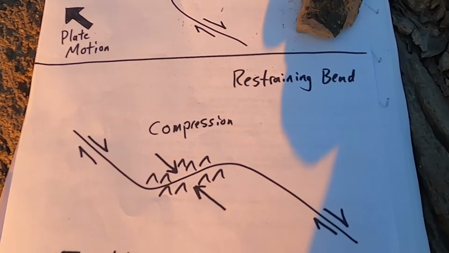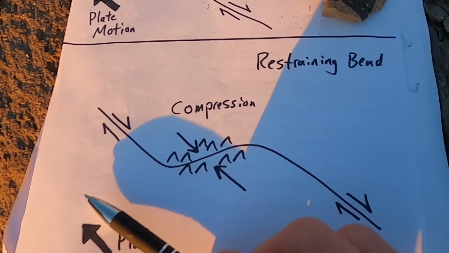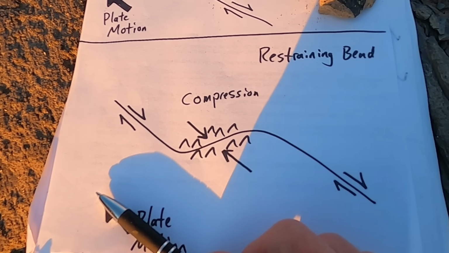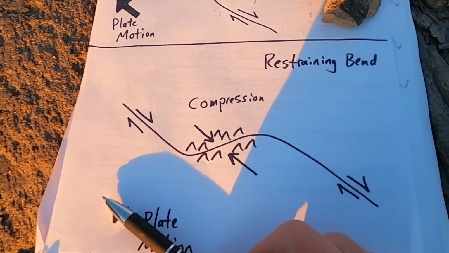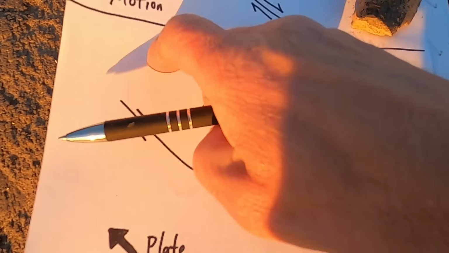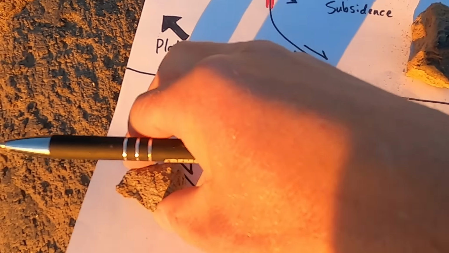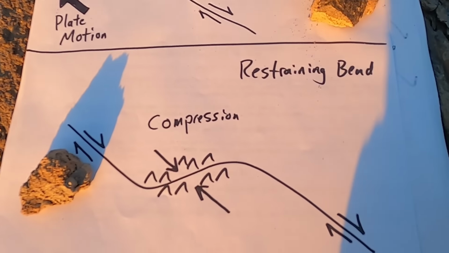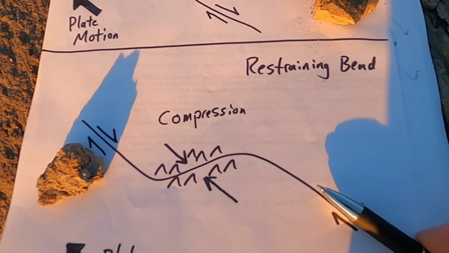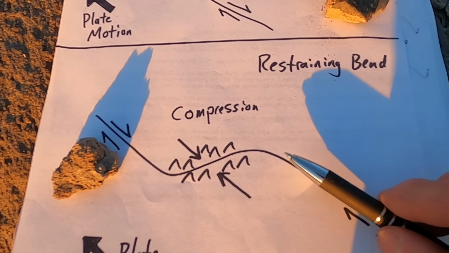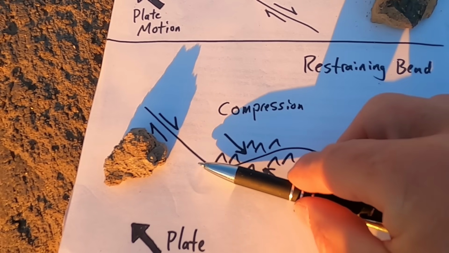If we look at the contrasting situation, again we'll assume the same plate motion off to the northwest like this, but now let me grab a rock here, we're going to have a different bend in the plate boundary. Now the plate boundary takes a leftward bend.